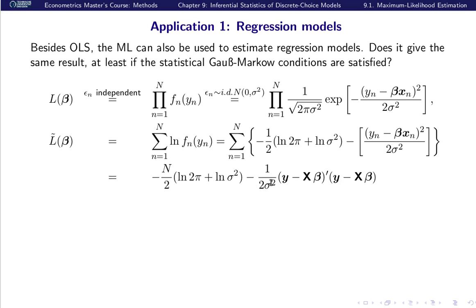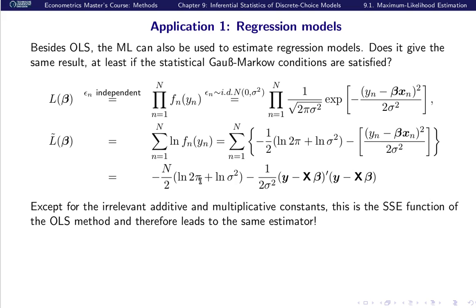However, sigma squared is constant and positive, so when maximizing, this drops out and this additive constant drops out as well.